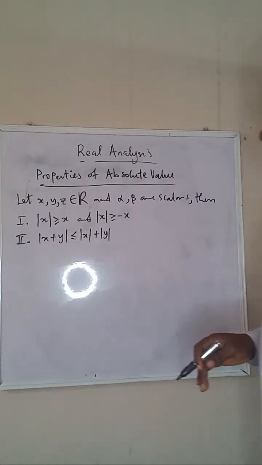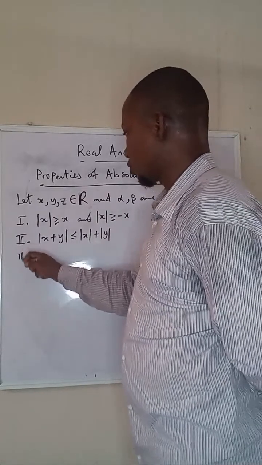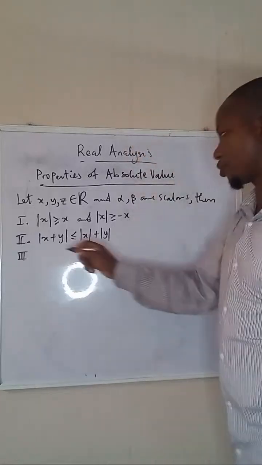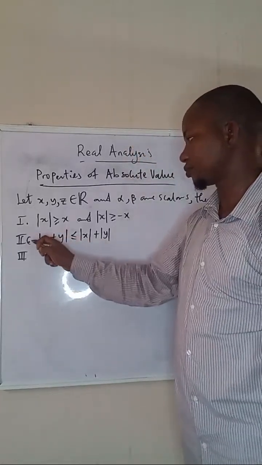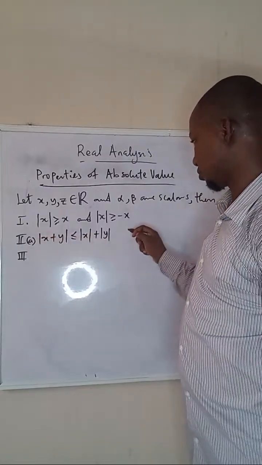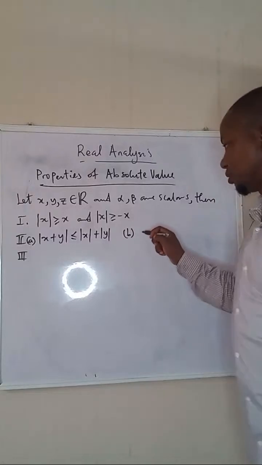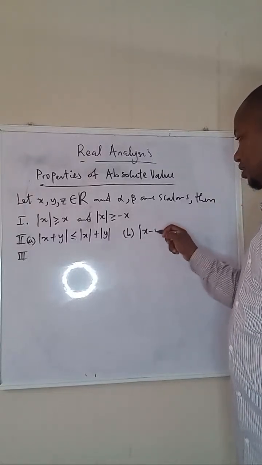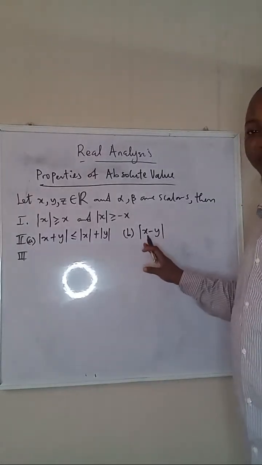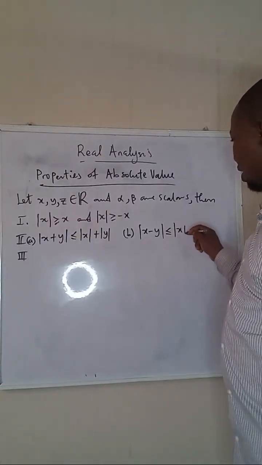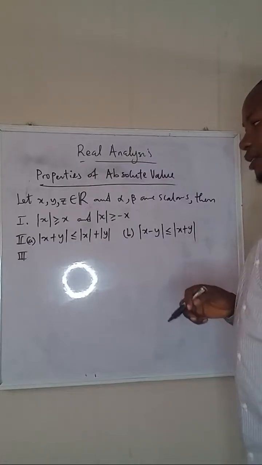And from here one can also have this. Let me call this 2a, then let's have the b part. The b part says the absolute value of x minus y is less or equal to the absolute value of x plus the absolute value of y.